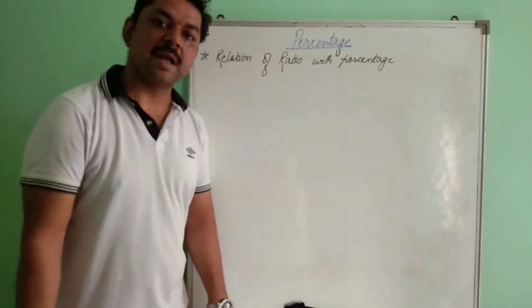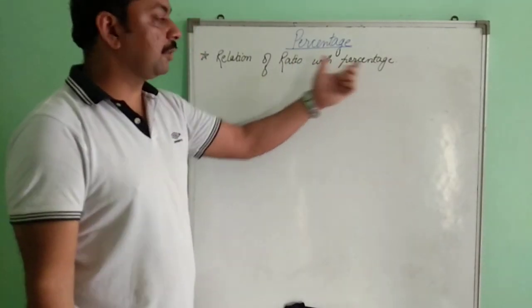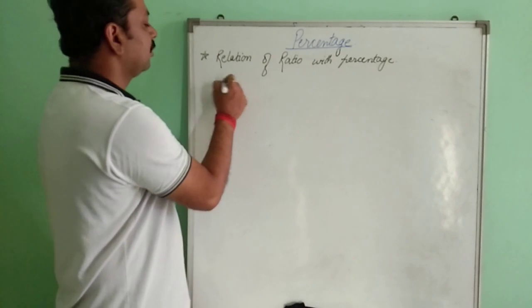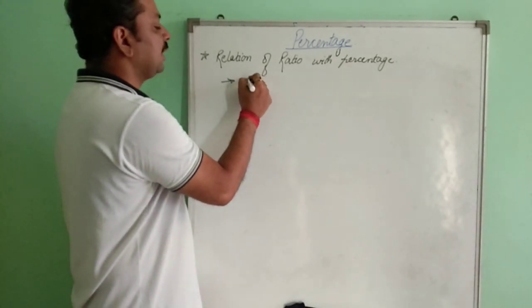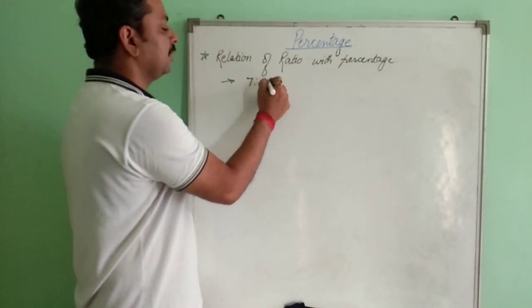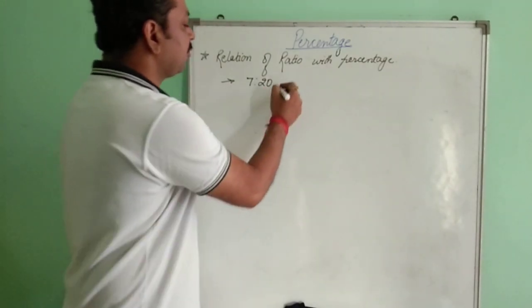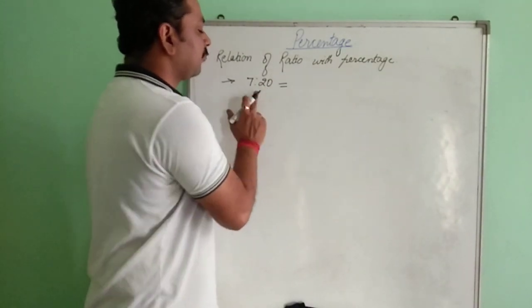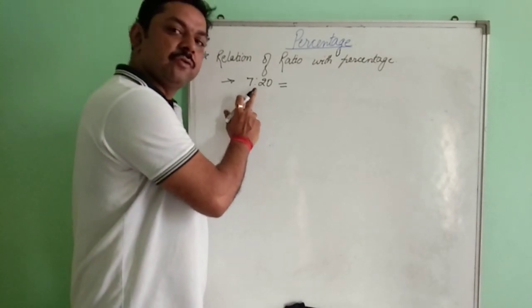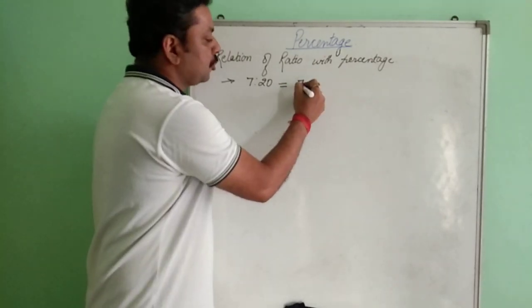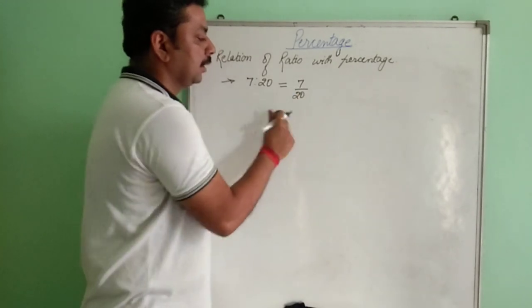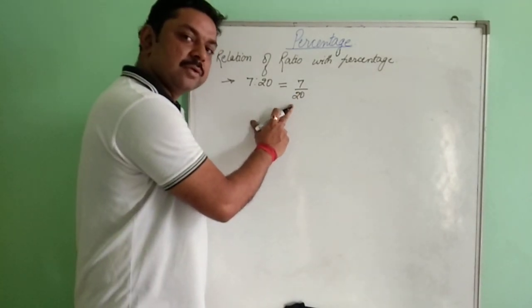Clear? When we are talking about ratio with percentage, first of all, in case we have any ratio, let's say 7:20, clear? This is the ratio that is given to you. Now what we are going to do, first of all, is convert this ratio into a fraction. So that is going to be 7/20. Clear? We have converted this into a fraction.